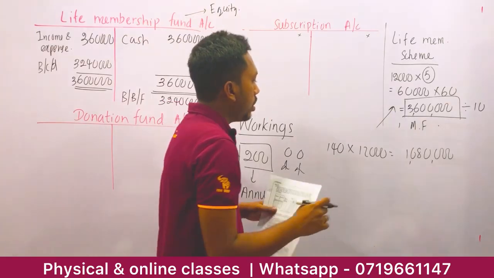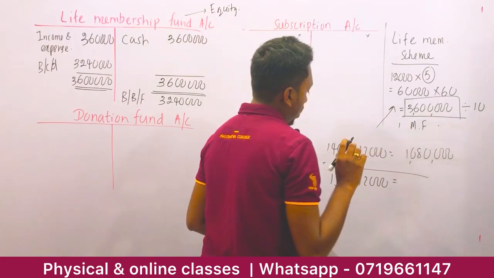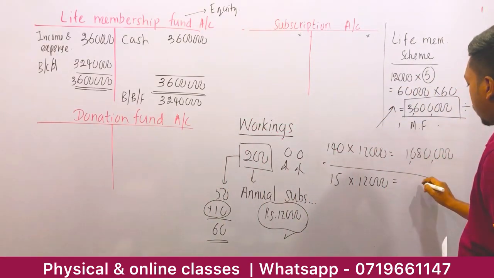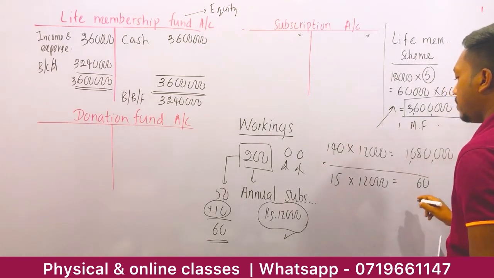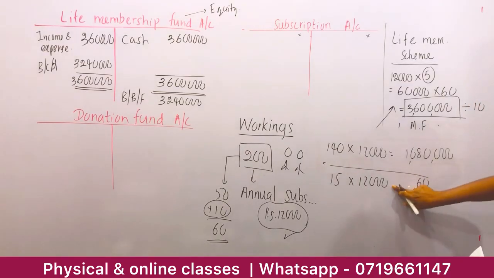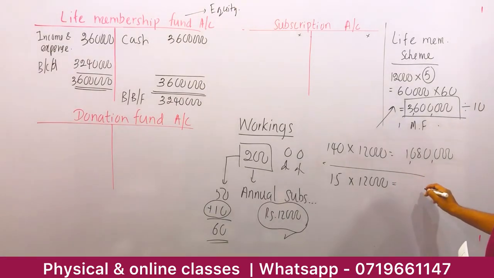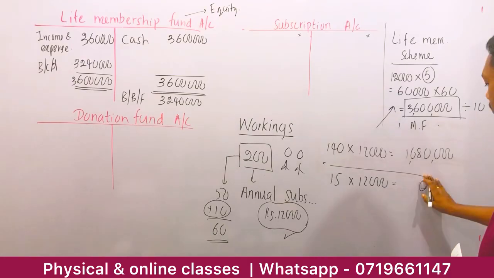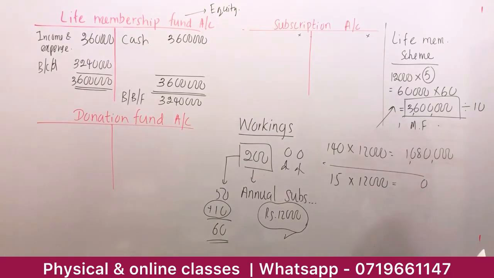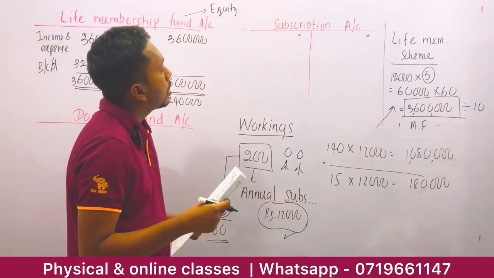So that is 15 members times 12,000, which is 180,000.